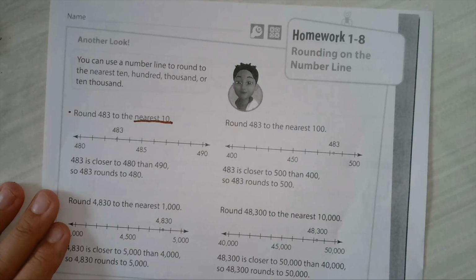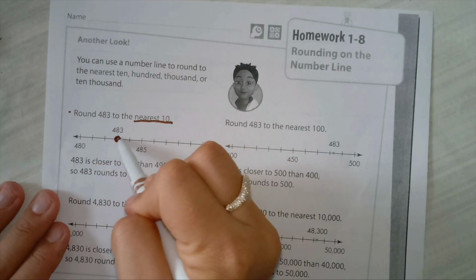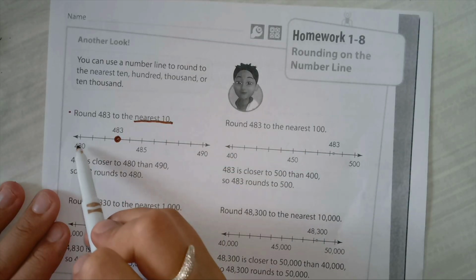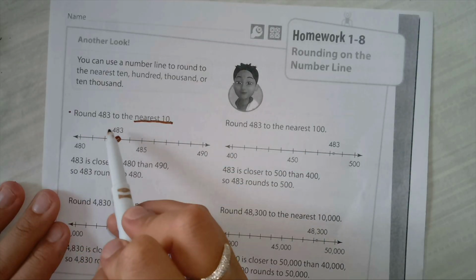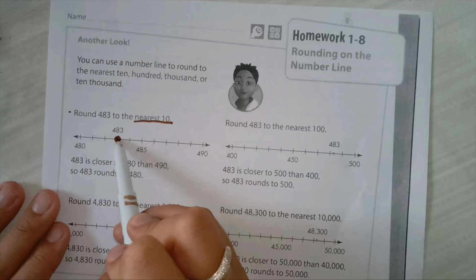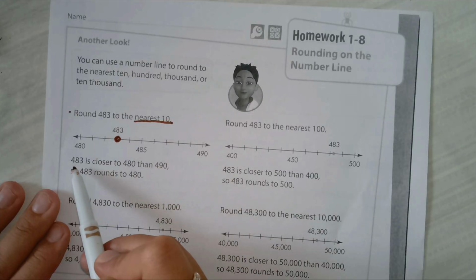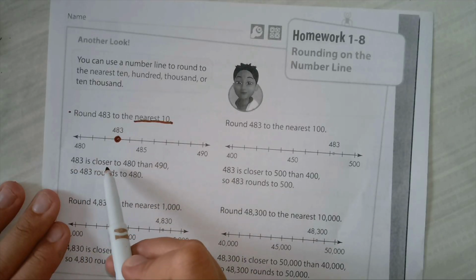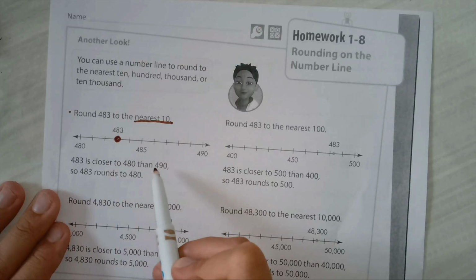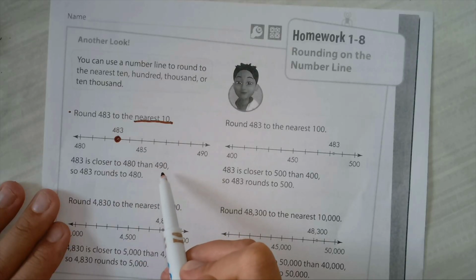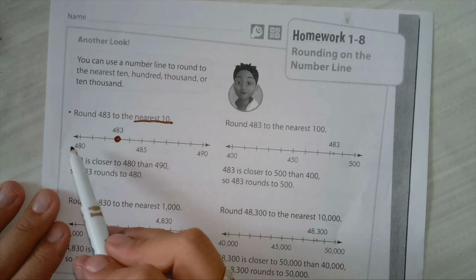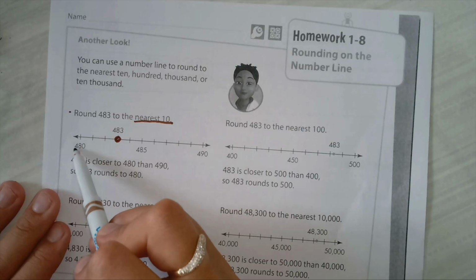So if I look at the point of 483, it says 481, 482, 483, right here. 483 is closer to 480 than 490. This is true. 480 is closest.